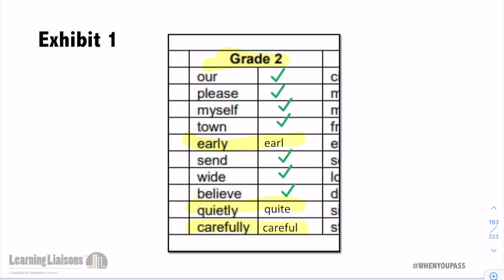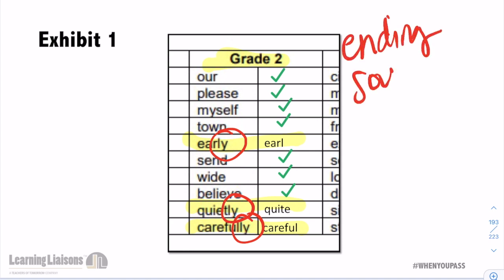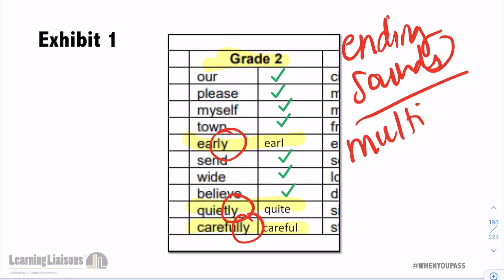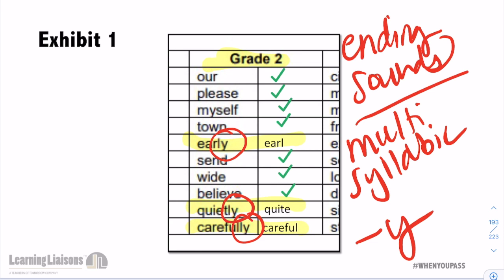All right, so if we're looking at the evidence here, something we can pull out is she is missing ending sounds when it is a multisyllabic word, right? So let's make some notes. So missing ending sounds, it's only when it's multisyllabic. And then also, interestingly enough, it's always when it ends in Y. All right, so a few things to think about. Let's keep going.